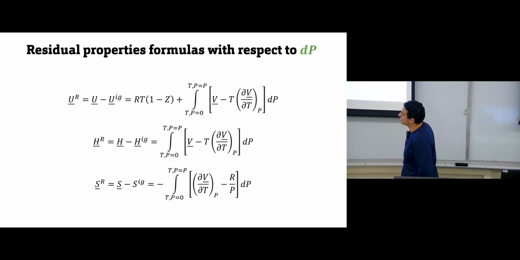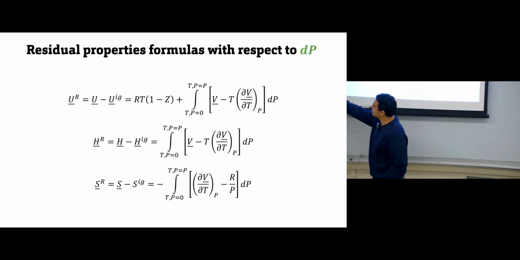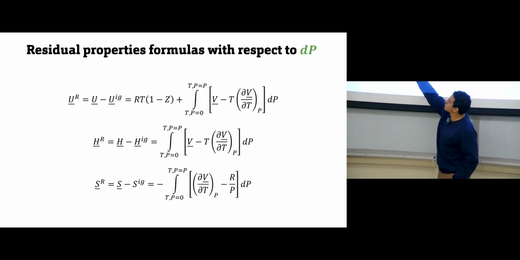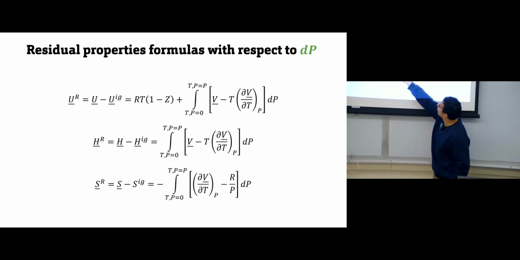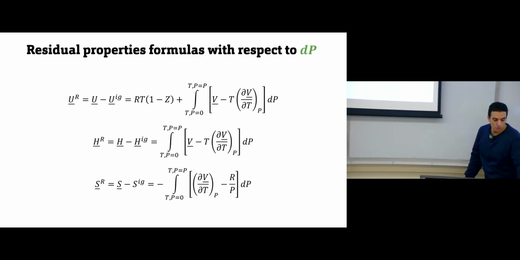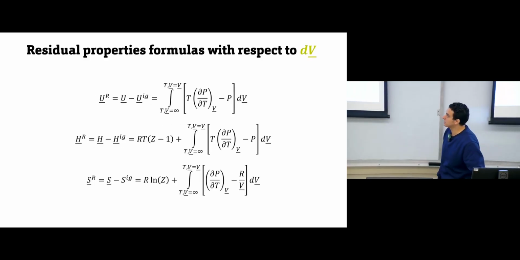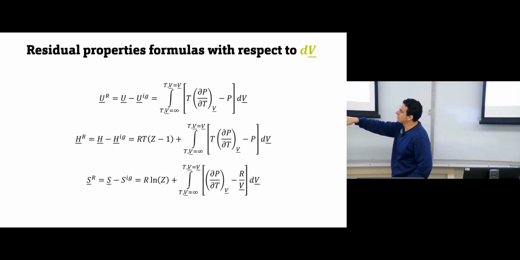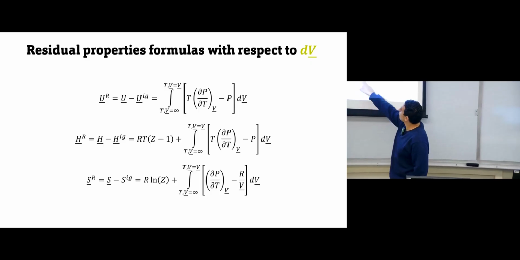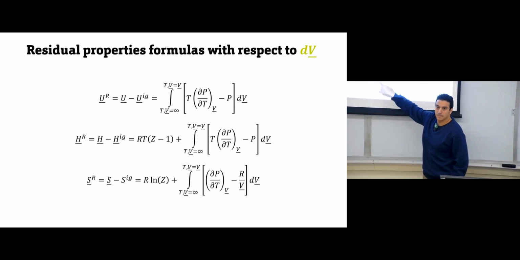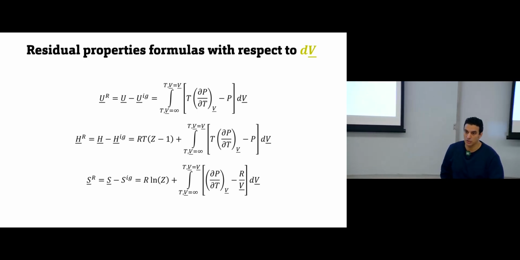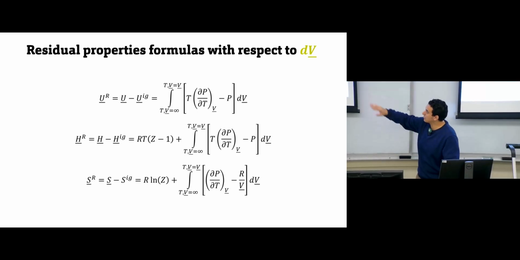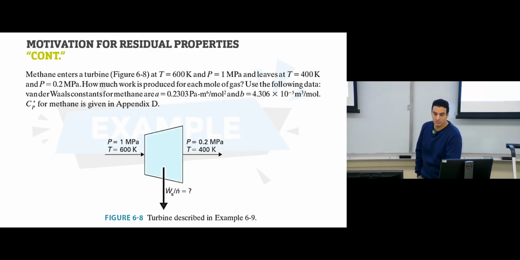We can use any of these equations to calculate the residual property of entropy, enthalpy, and internal energy with respect to pressure change. Or you can calculate the same residual properties with respect to molar volume. You can have both, and you can use either one in the problems. Okay? So now let's see how we can apply all of this in our example.